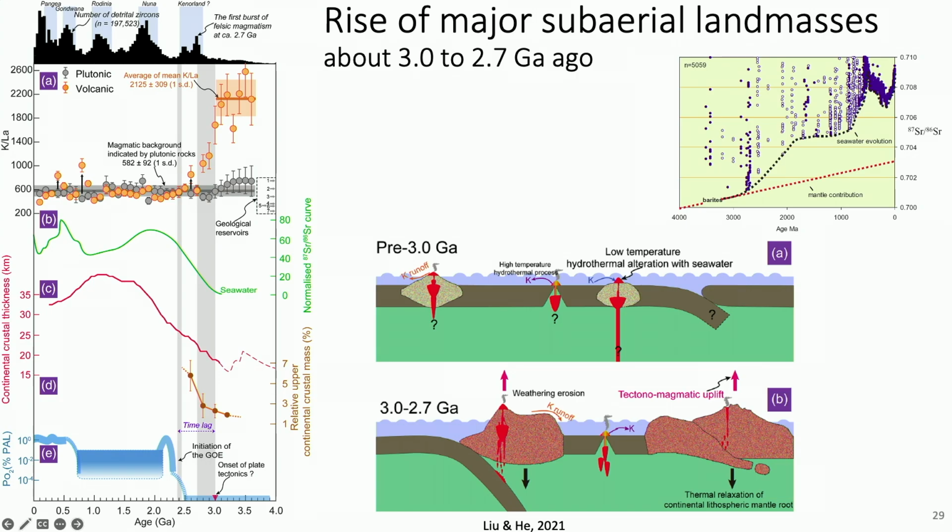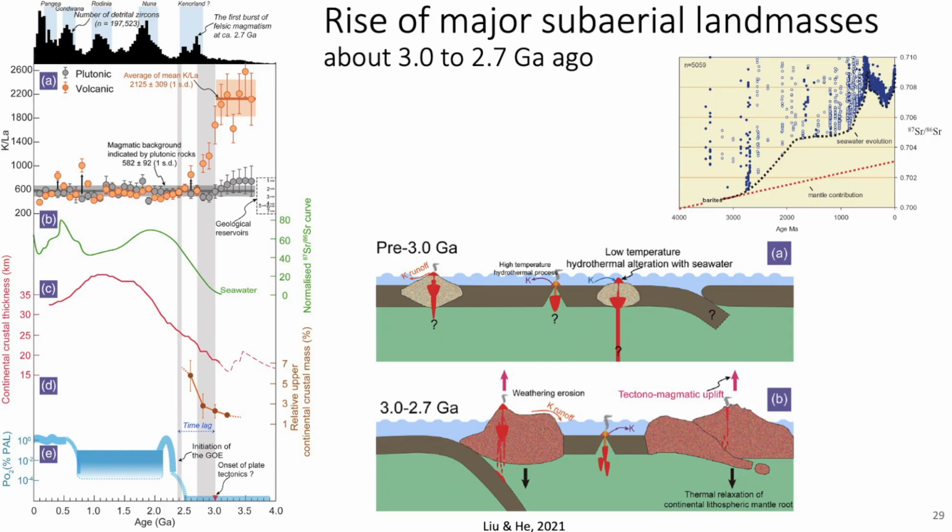That's also consistent with the signature in the strontium isotopic ratio of the sedimentary record that gives us access to the weathering in seawater. So here you have the strontium ratio as a function of time, with the Archean limit here, and we go toward modern time.